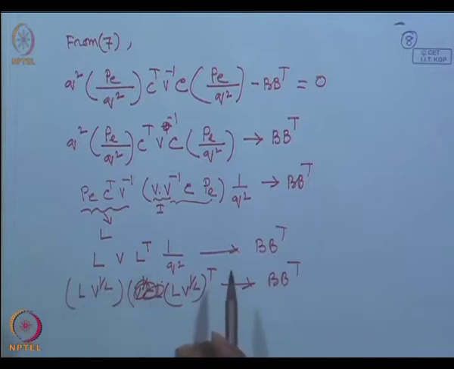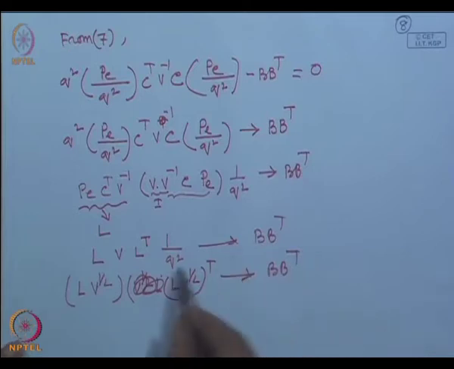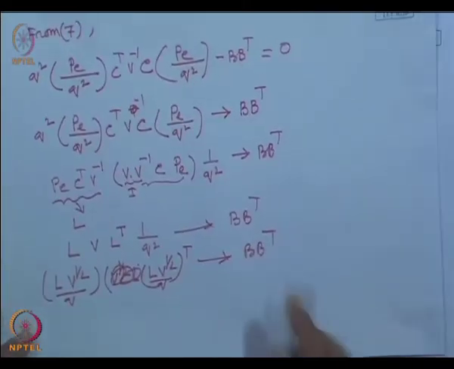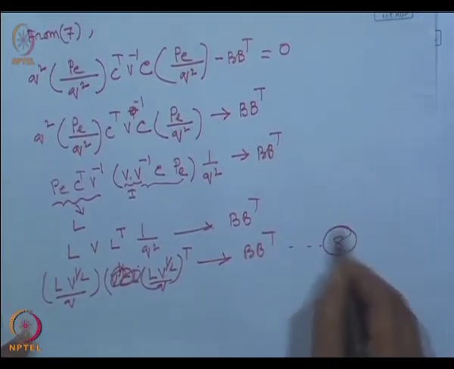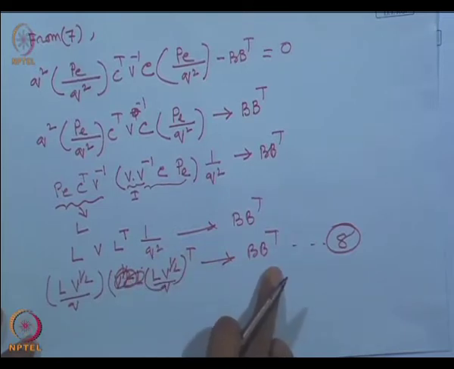Because V is a symmetric matrix, I am writing the square root of V as V half transpose. Manipulating this, there is a q square, one q I keep here, another q I keep here, so this expression remains the same. So if you look at expression number 8, this quantity tends to B transpose.